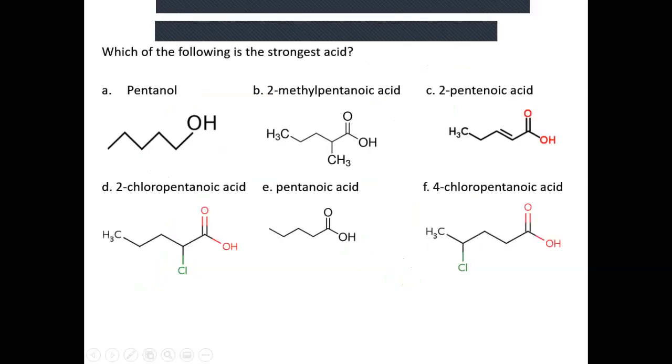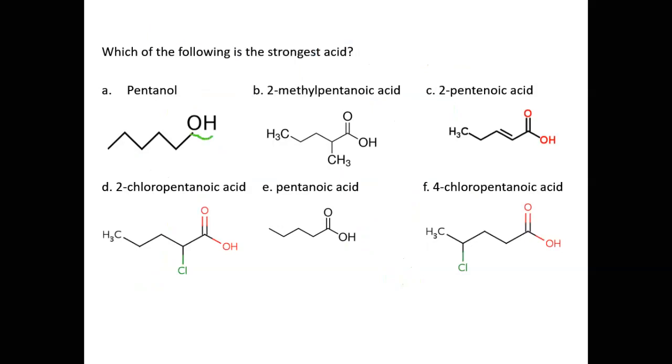So here we have a bunch of different examples. We want to know which one would be the strongest acid. So we look here. All of them have an oxygen attached to the acidic proton. That's the first thing.